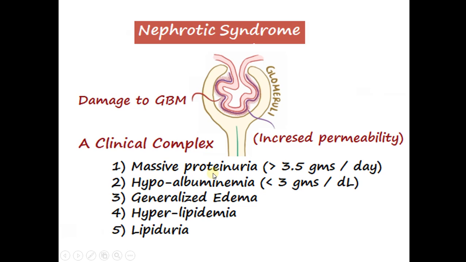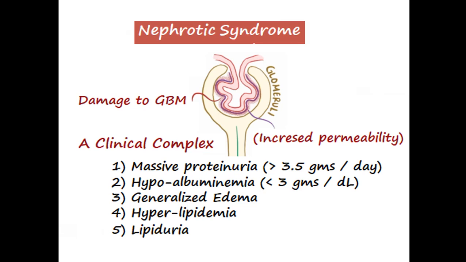proteinuria and excretion of albumin in urine will lead to hypoalbuminemia. And we know that albumin is the major protein present in the blood for maintaining the colloidal osmotic pressure and holding the fluid in the blood.